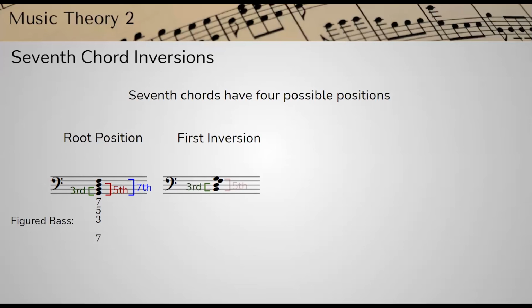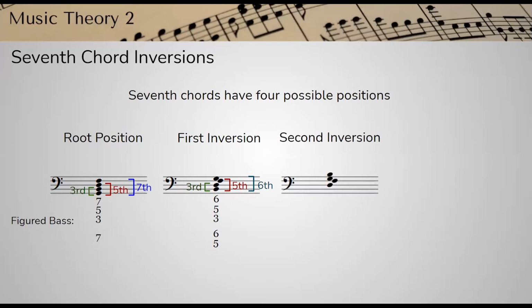So we have a 3rd, a 5th, and a 6th. All those intervals are 6/5/3, which we can abbreviate to 6/5. Second inversion has the 5th of the chord on the bottom, and the interval content here is a 3rd, a 4th, and a 6th. So we call this 6/4/3, and we abbreviate that to simply 4/3 in our figured bass.